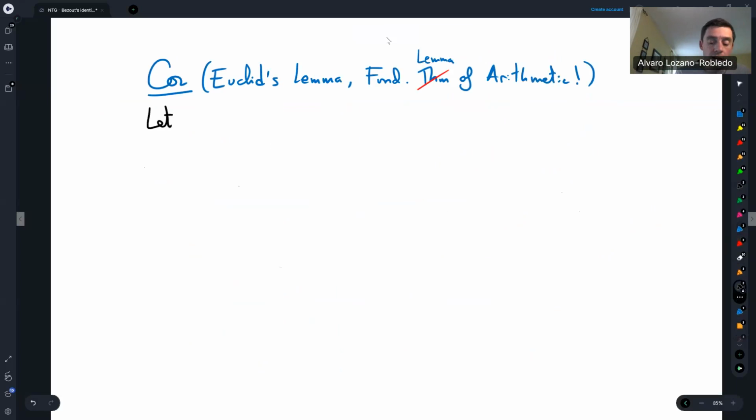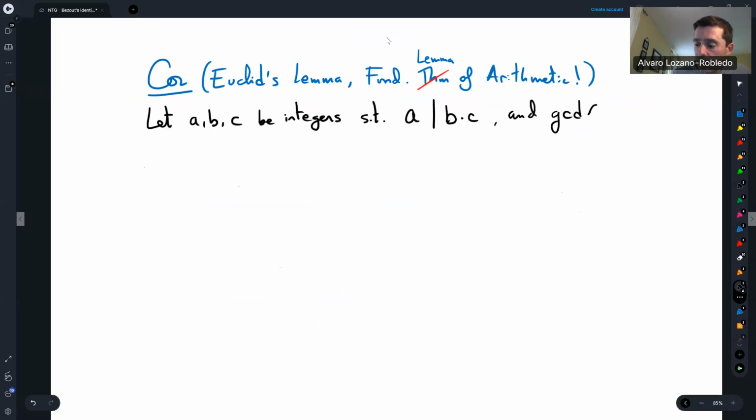So let A, B, C be integers such that A divides B times C. And suppose that the GCD of A and B is 1.